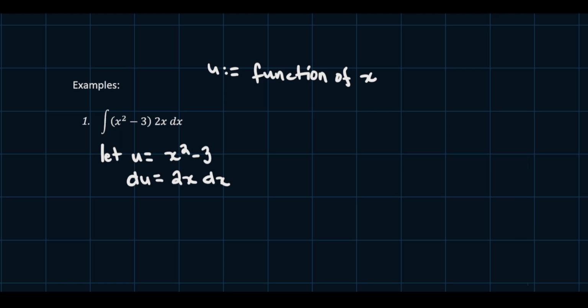Okay, so what now? Note that with the representations that we used or the substitutions that we used, this part here, this is actually equal to U. Tapos itong part naman na to, this is actually equal to du. So yung integral problem natin, this one is U du.